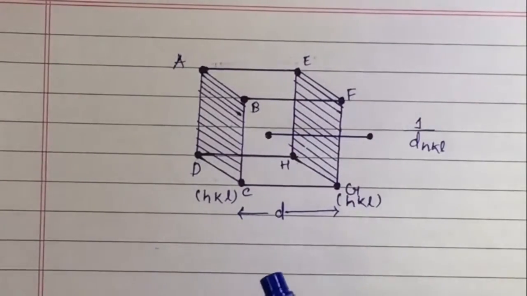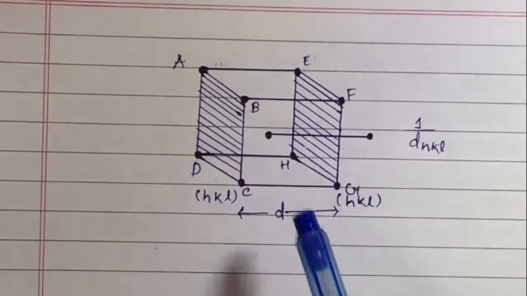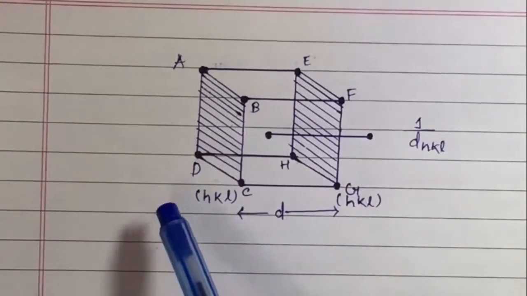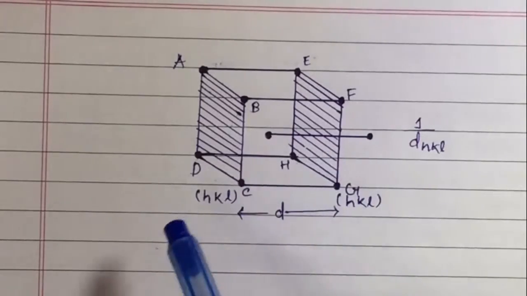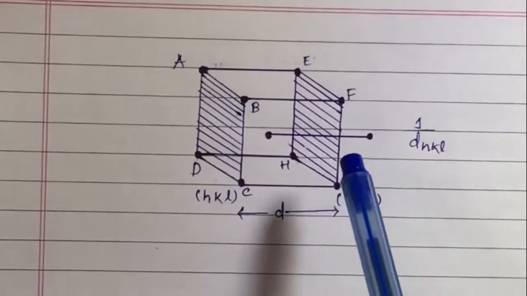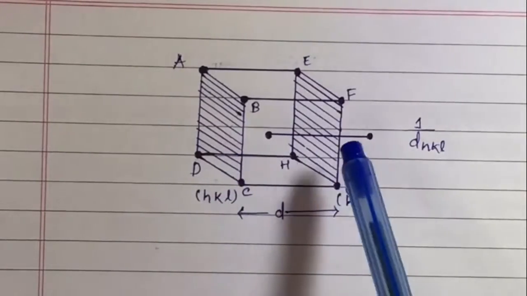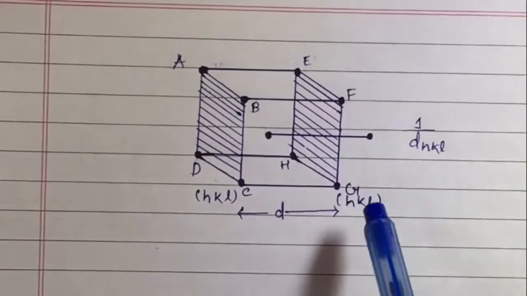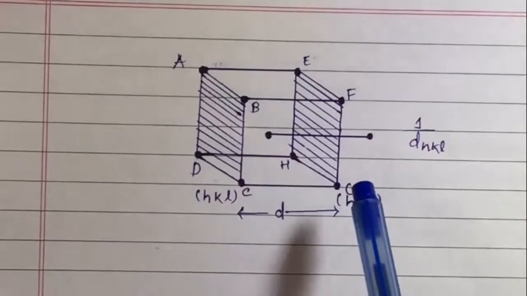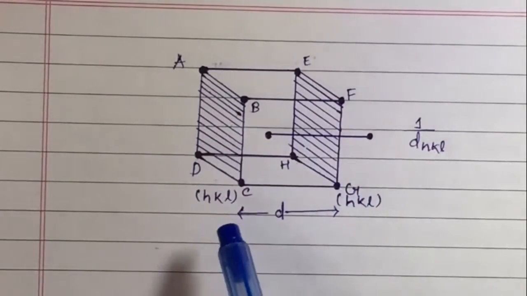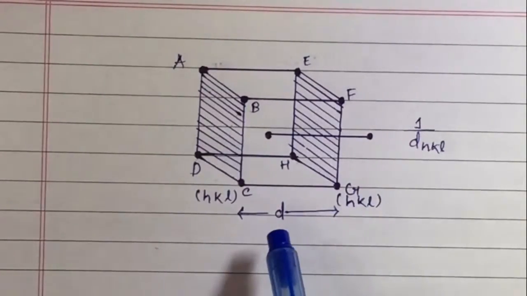A crystal lattice contains a number of parallel planes. As we can see in the diagram, ABCD and EFGH are parallel planes. The Miller indices of this plane is hkl and the Miller indices of this plane is also hkl because they are parallel planes, and the distance between these two planes is d.